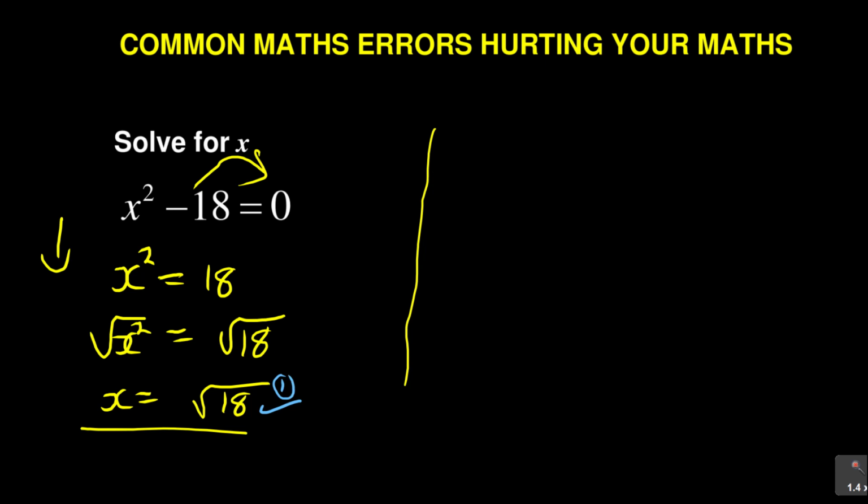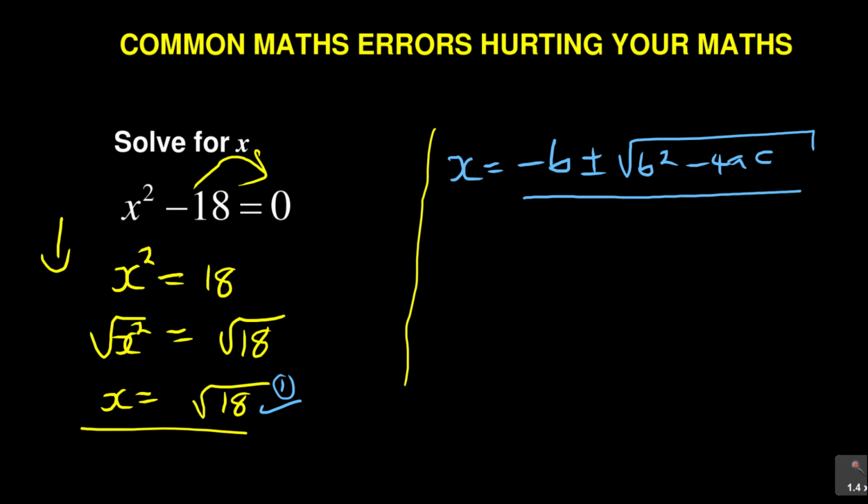But look at this. If you are using the quadratic formula, you're going to say x is equal to minus b plus or minus square root of b squared minus 4ac all over 2a. So it's a matter of identifying here your a is equal to 1, and I don't have a b, so b is equal to 0, and then this is my c which is equal to negative 18.